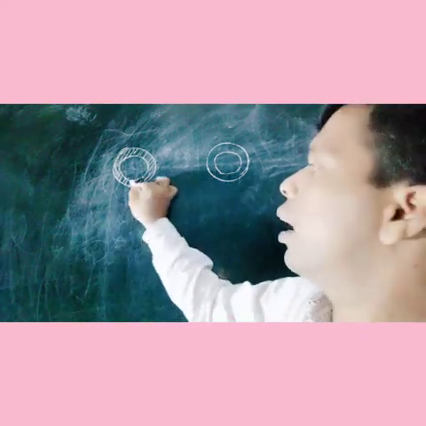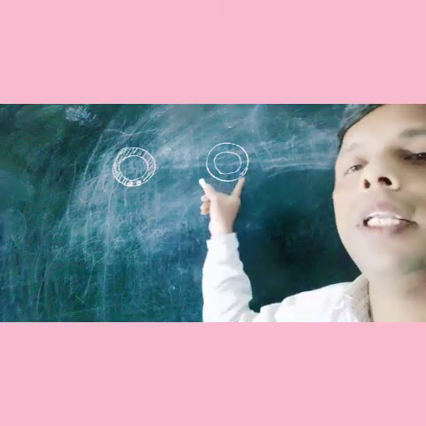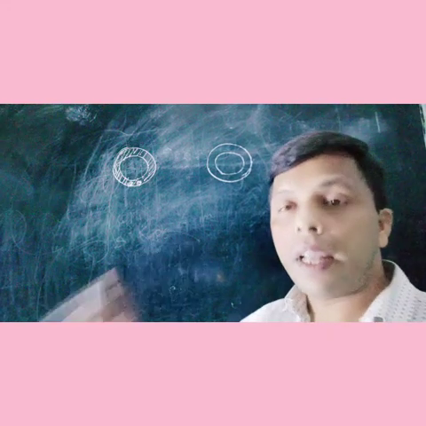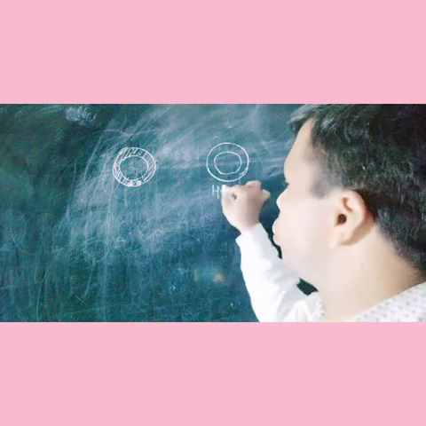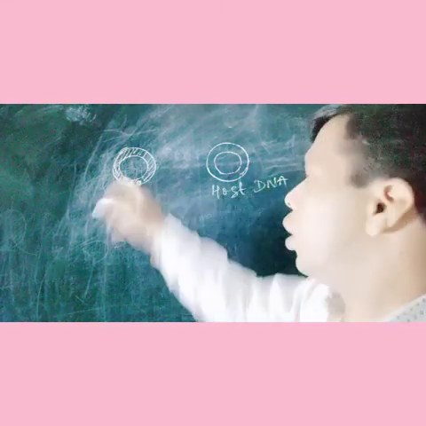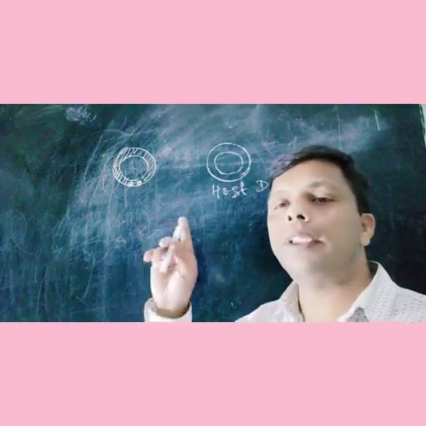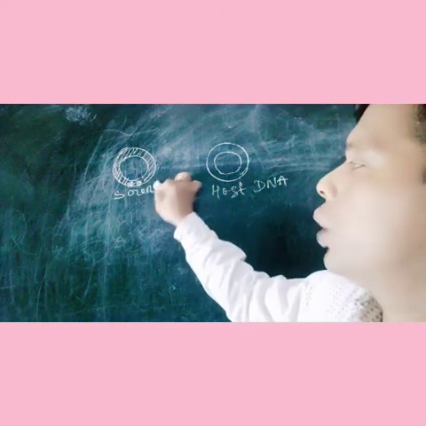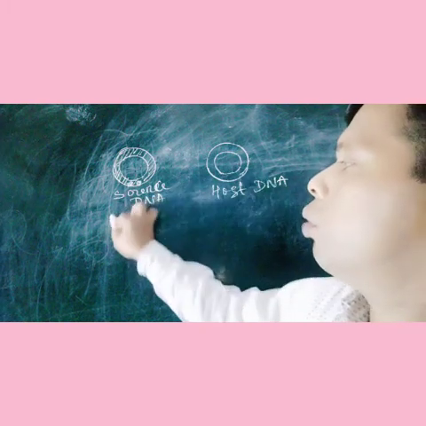This DNA has the desired gene of interest, but this DNA needs modification. The DNA that is to be modified is called the host DNA, and the other DNA which becomes the source of the gene of interest is called the source DNA, or otherwise foreign DNA.